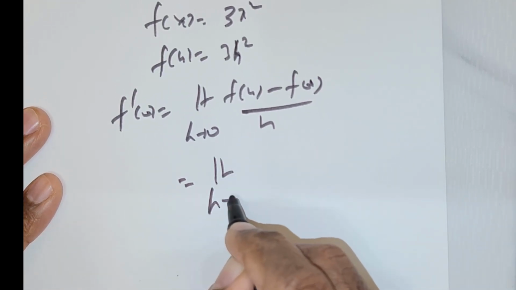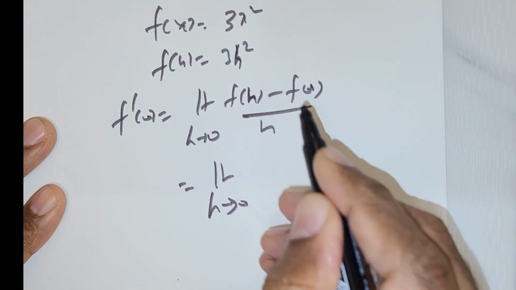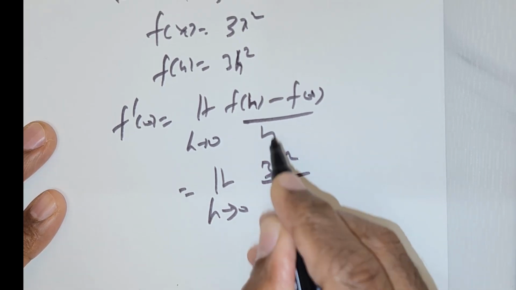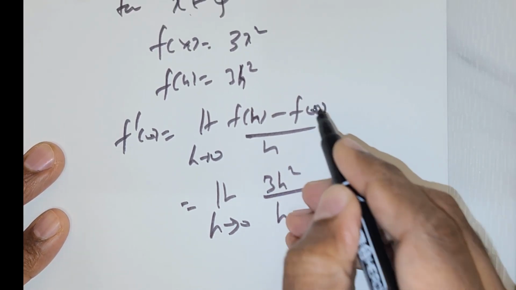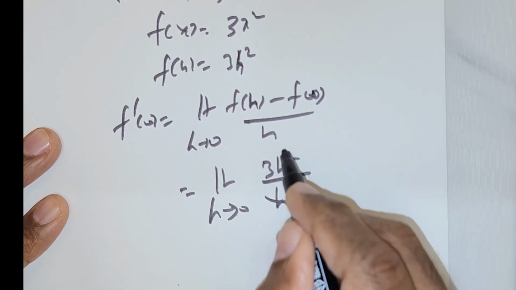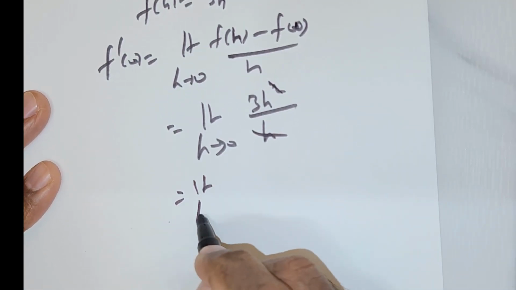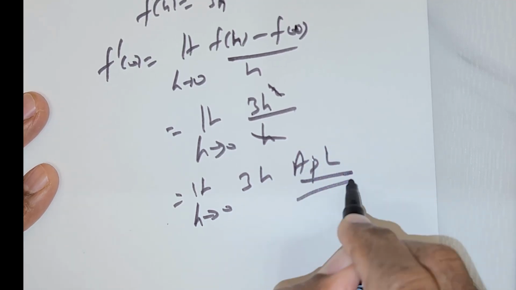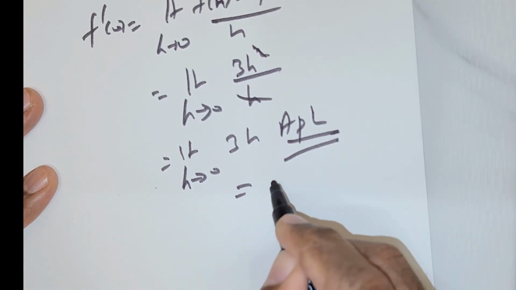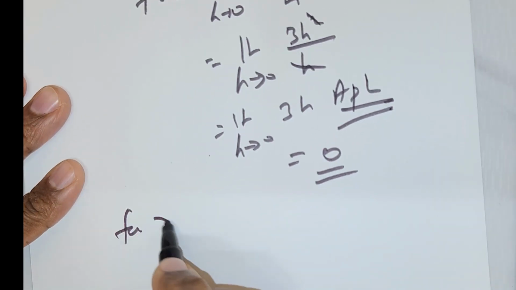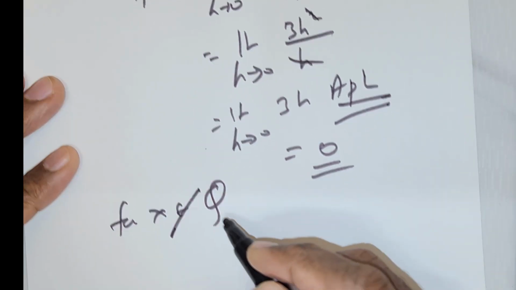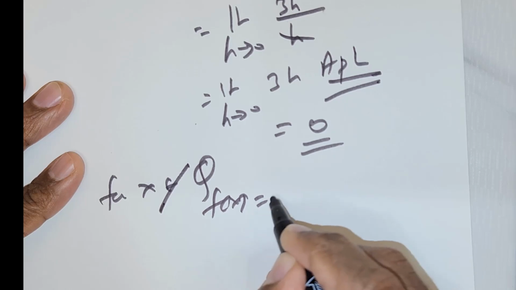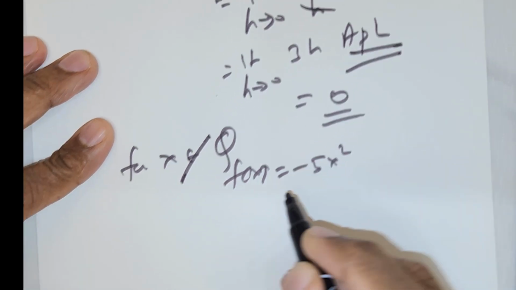This is going to give me limit h tending to 0 of 3h squared over h. F of 0 has got no value. H gets cancelled, giving me limit h tending to 0 of 3h. You apply limits. So what do you get? You get 0. Now for x not an element of rational numbers, f of x is equal to negative 5x squared.